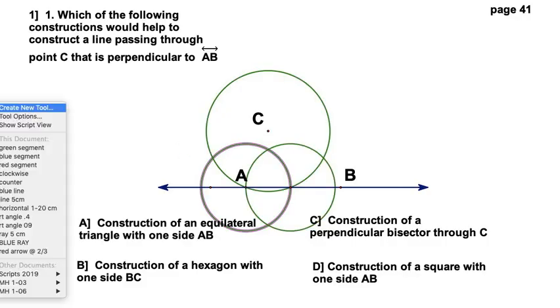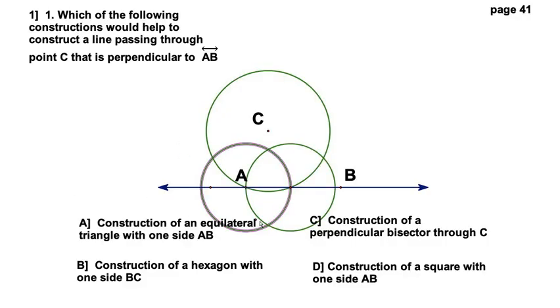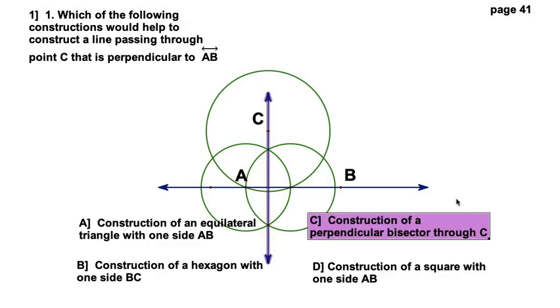Then we just line up our straight edge and get the line. So the only choice that made any sense was choice C, construction of a perpendicular bisector through C. Remember that first compass swing, from C passing through A, could have been random, and it would still work.